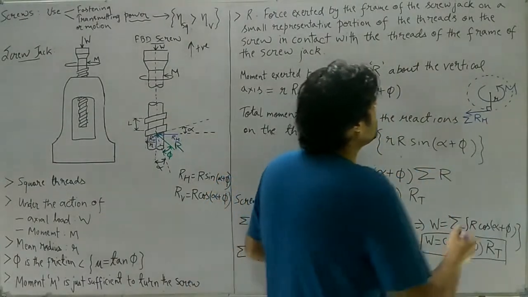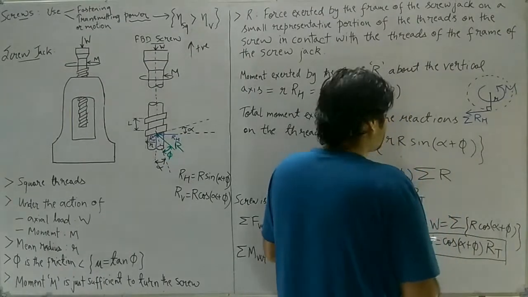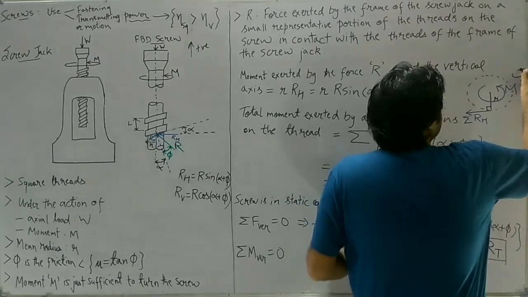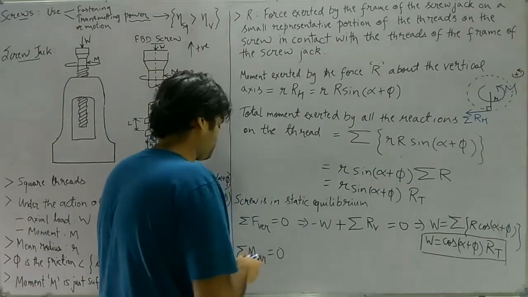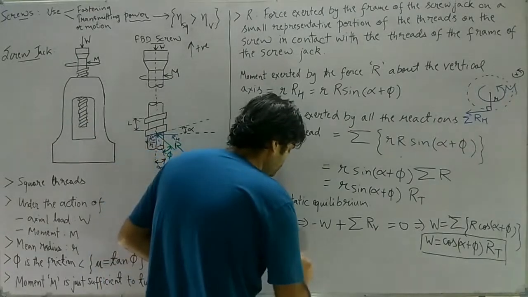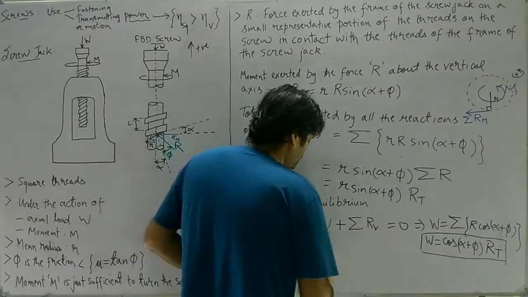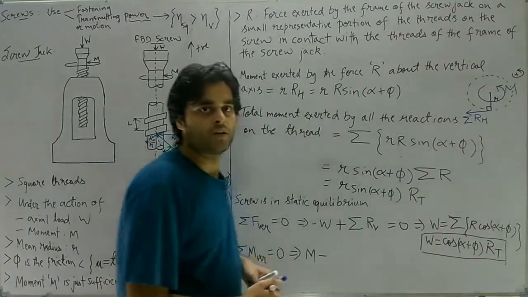This is the moment M. So if we take counterclockwise to be positive, then M minus the moment generated by the summation of RH.